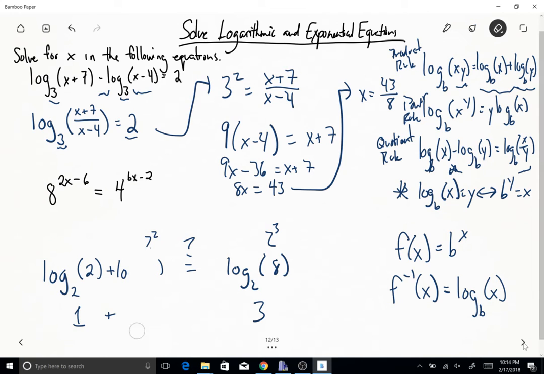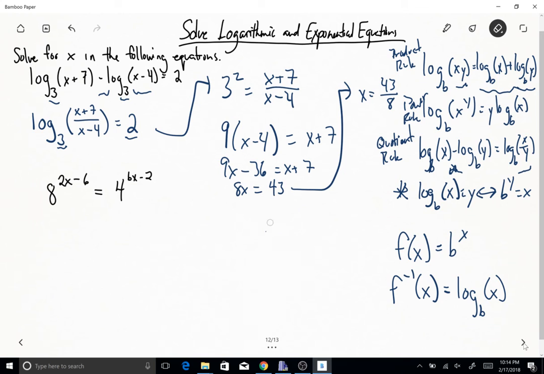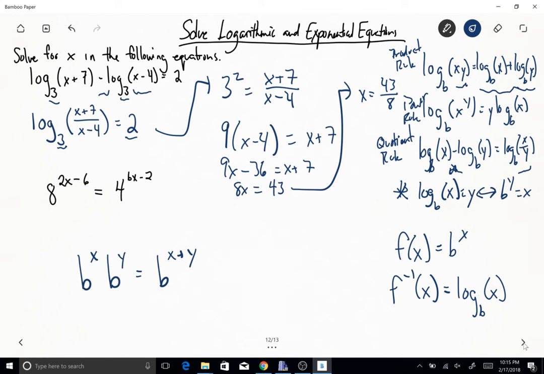And where does that come from? Well, the way the logarithms are behaving, you've got to understand some exponents, what's happening there. So if I had b to the x times b to the y, notice that that's becoming b to the x plus y. It's part of this relationship right here that is causing this behavior, because logarithms are the inverse of the exponential function. So that's where all that is coming from.